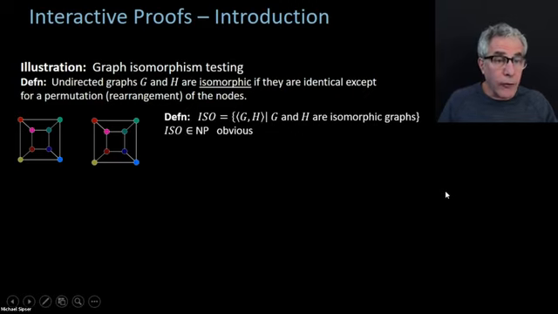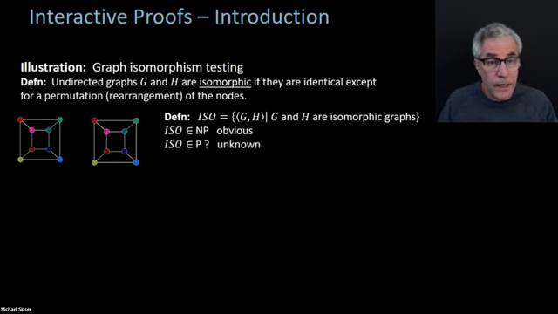Now, the question of whether you can test two graphs being isomorphic in polynomial time is not clear. And in fact, that's an unsolved problem to this day. And it's a problem that has generated an enormous literature.